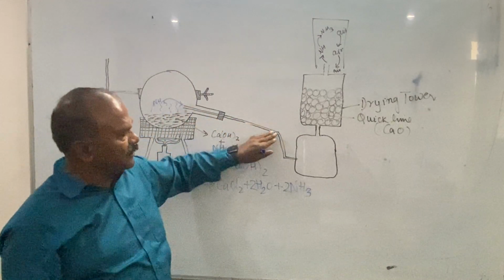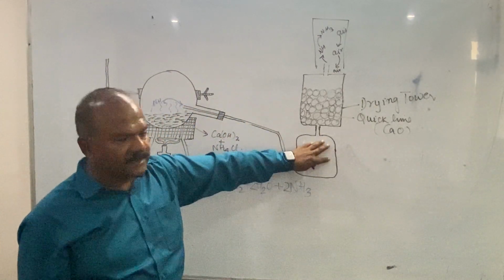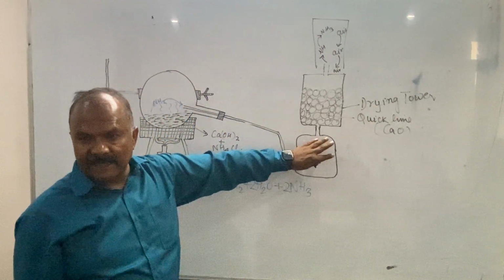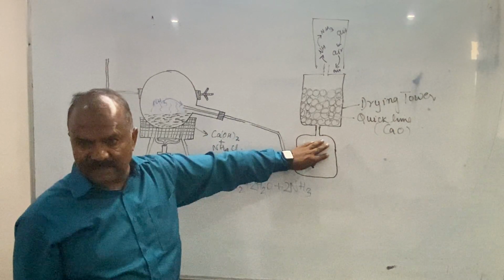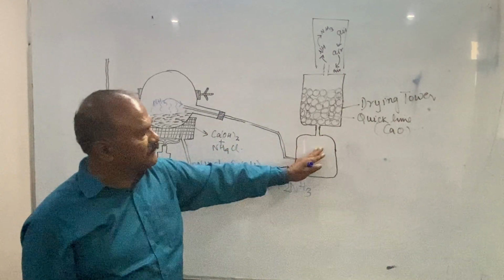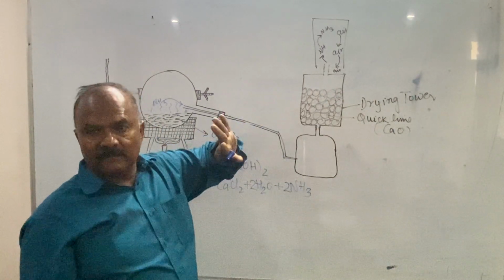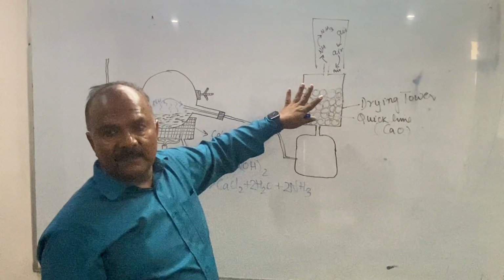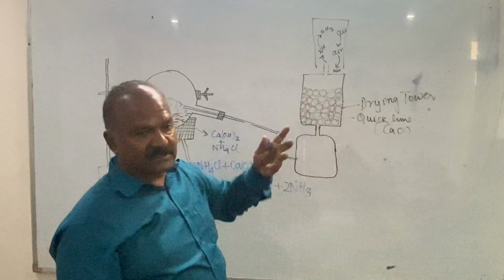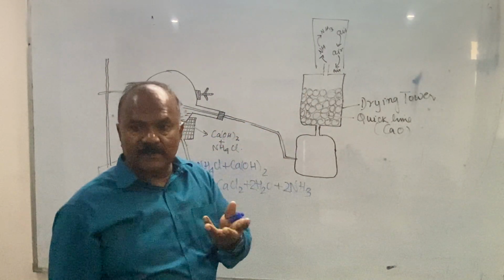This gas will come along this and will get collected in this tank. The ammonia gas will get collected here. After this, the gas will escape through this and come into the drying tower, where we have the chuckles of calcium oxide.